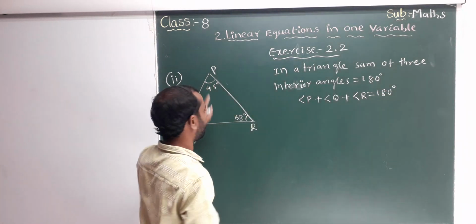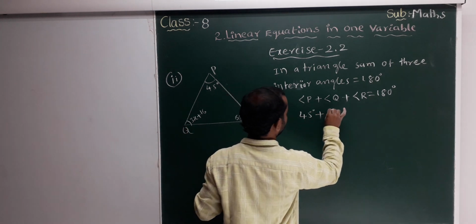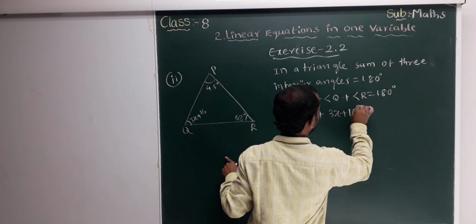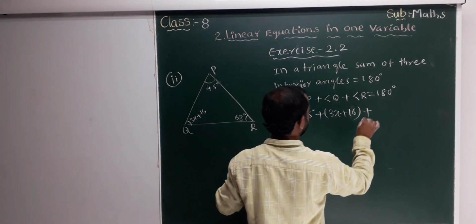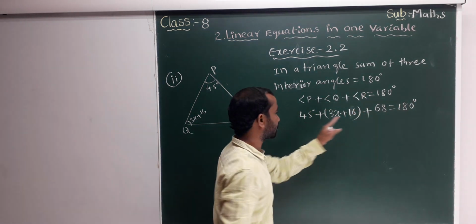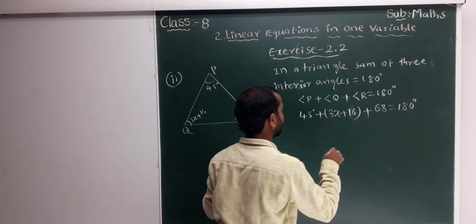Angle P value is 45 degrees. Next, angle Q is 3x plus 16. Next, angle R is 68 degrees. First of all, we can add the constant values. 45 plus 68, 113.